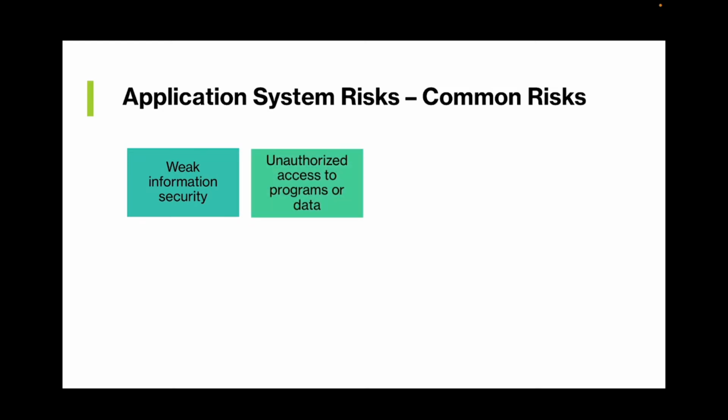Next, unauthorized access to programs or data. Application systems should have various levels of authorization. The access control can be role-based, or RBAC, role-based access controls. So based on your role, you'd have different access to different things within the program or data.